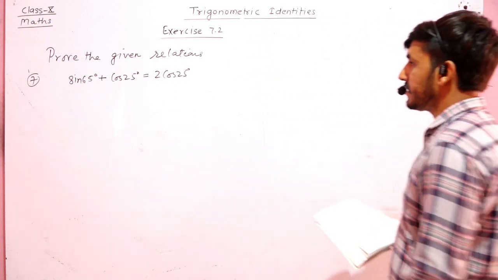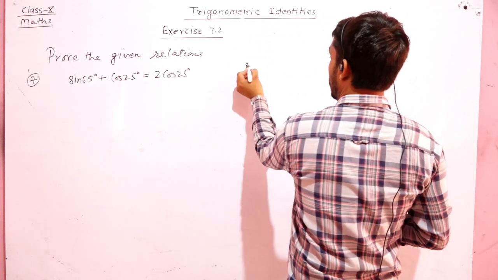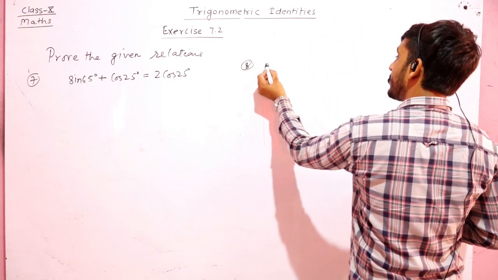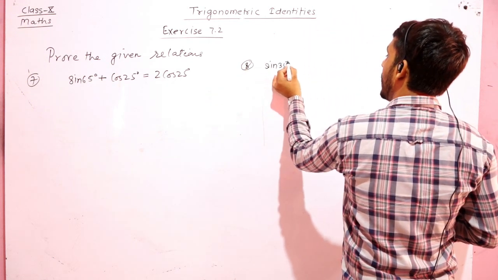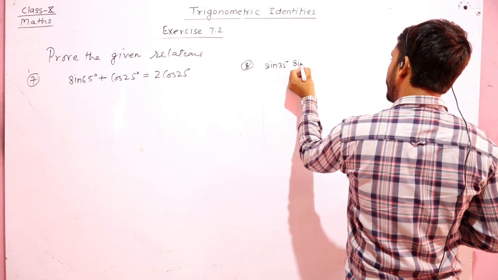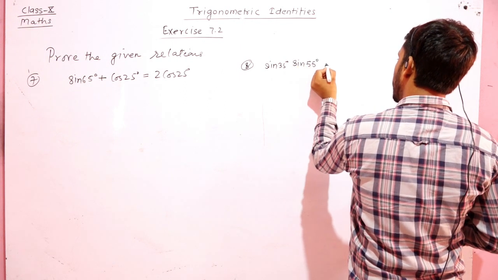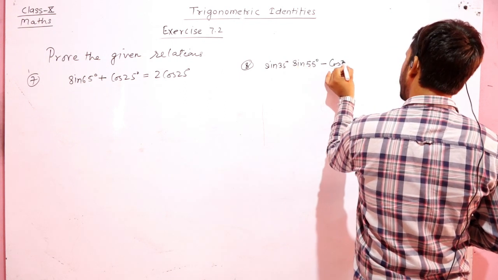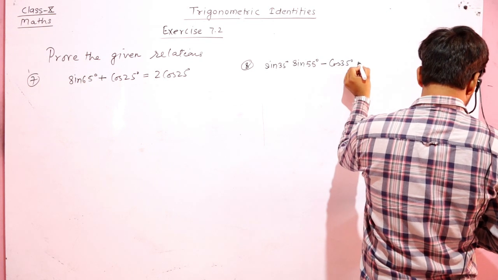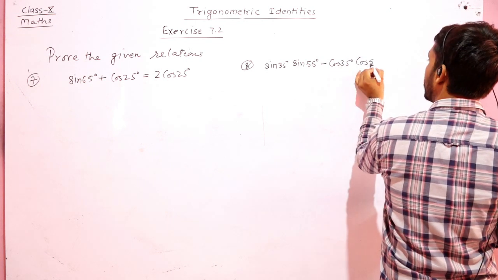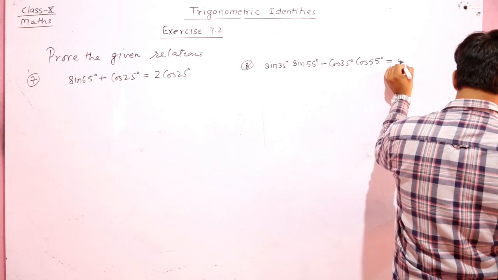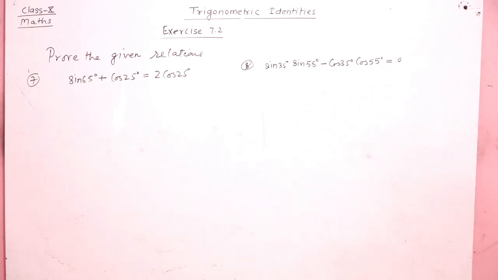And the second part is question number 8, and we have to prove sine 35 degree multiplied by sine 55 degree, minus cos 35 degree multiplied by cos 55 degree, is equal to 0. So first we are going to discuss these two questions that we have to prove.